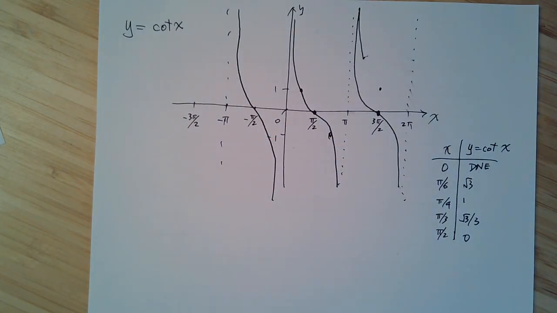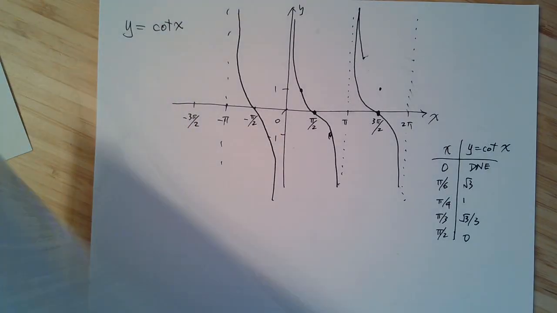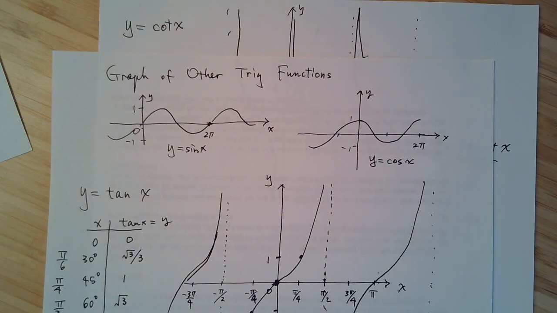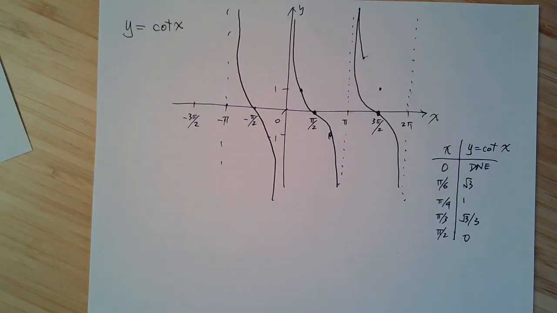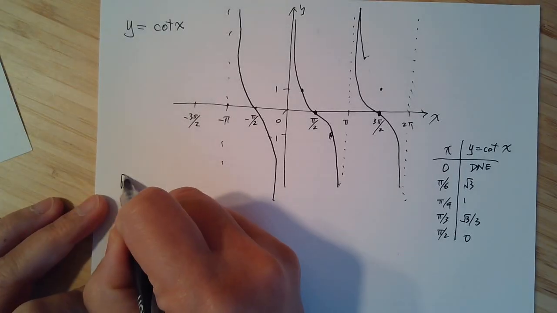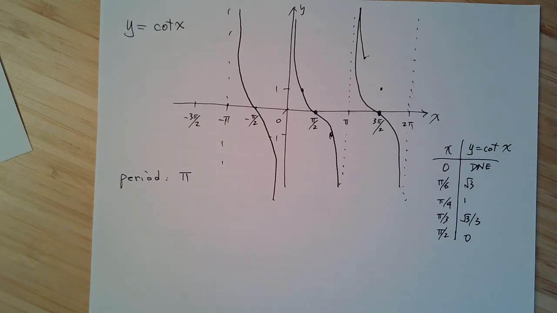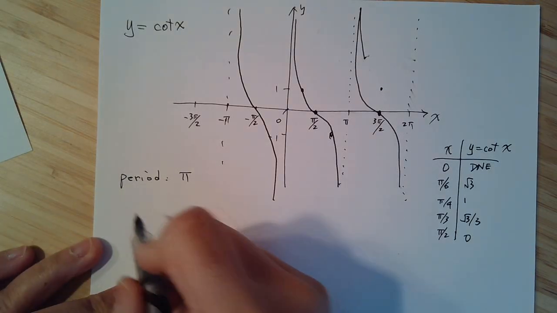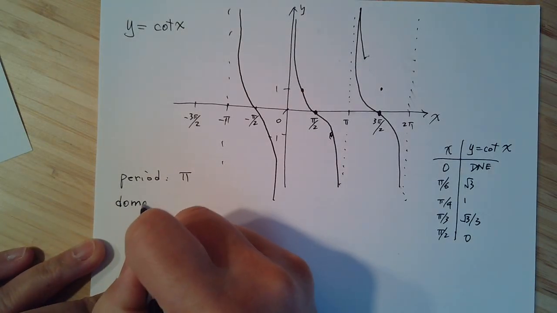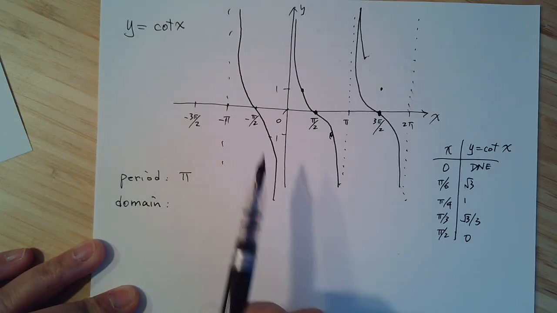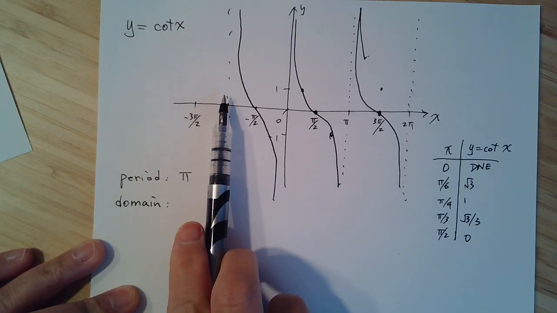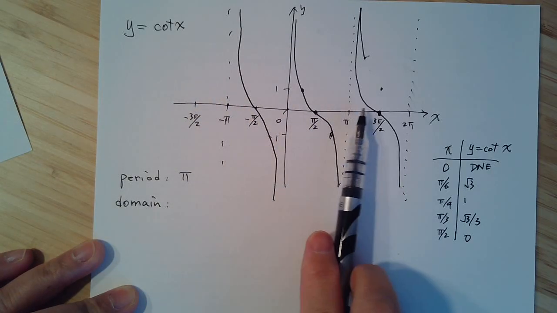Quick reminder: for sine and cosine, the period is 2 pi. For tangent and cotangent, the period is pi. Different, okay? It's a decreasing function. And what is the domain? Domain means what x values can be, right? And x can be anything except those points.